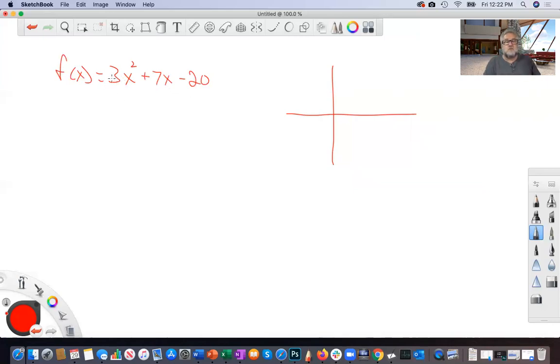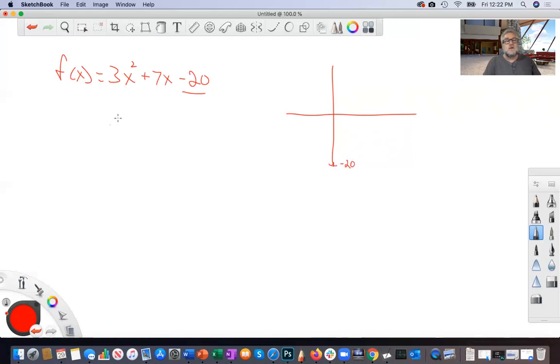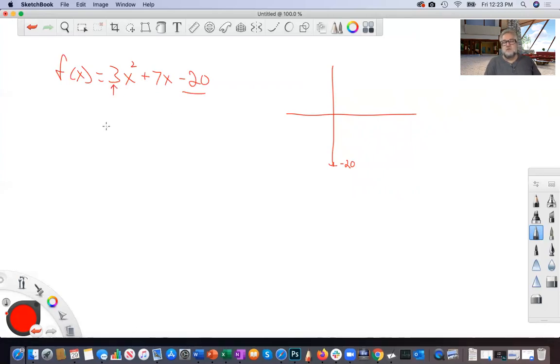It has a positive in front, that's how I know it opens up. And it has a y-intercept of negative 20 somewhere down here. I don't know where. We'll call it there. And if I were to factor this, and these are inconvenient to factor when there's a 3, you might choose to use the quadratic equation, but it can be factored. We haven't really talked about how to do that, but it can be done.